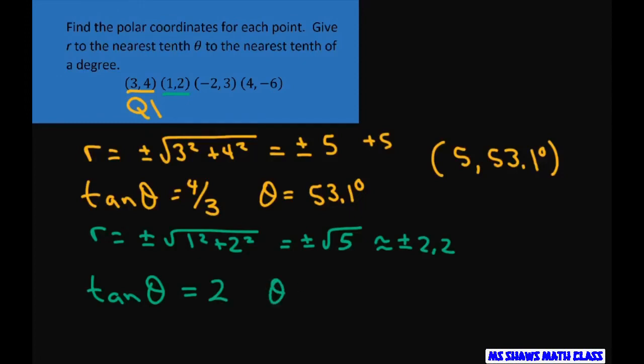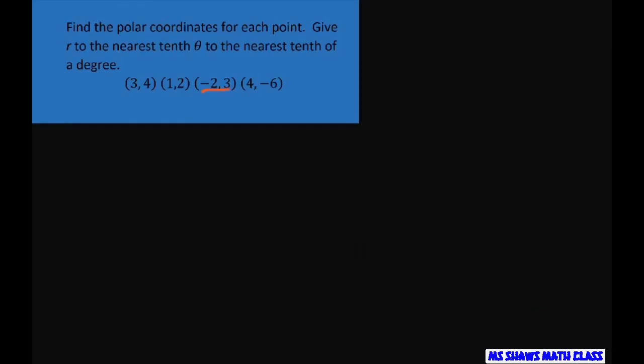So our angle is 63.4 degrees. Again, we're in quadrant 1, so we take the positive 2.2, 63.4 degrees.